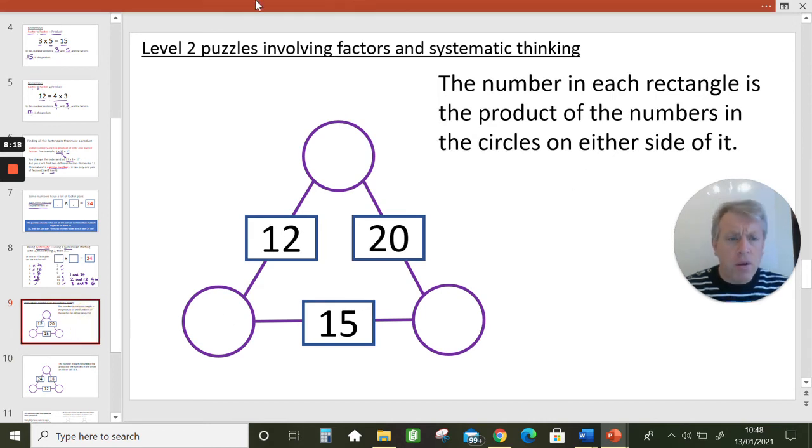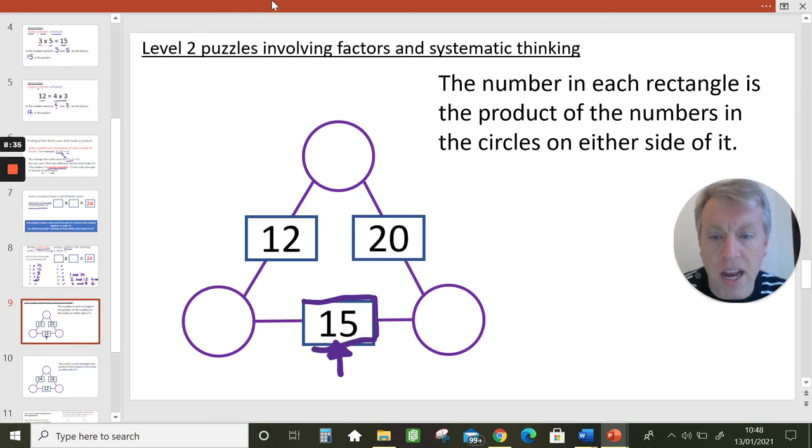Okay, now here's a puzzle. It says that the number in each rectangle, so let's, for example, look at this rectangle here. Can you see it? 15.